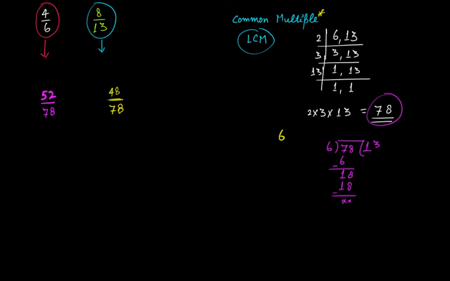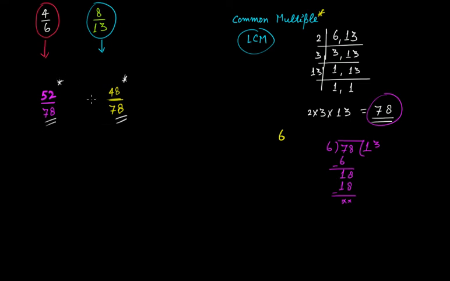Now you can clearly see that after doing this, we have converted these two fractions into like fractions. How? Look at their denominators. Now the denominators of these two fractions are the same, are equal. That makes them like fractions. And if you remember, when comparing like fractions, the fraction having the larger numerator is the larger fraction.